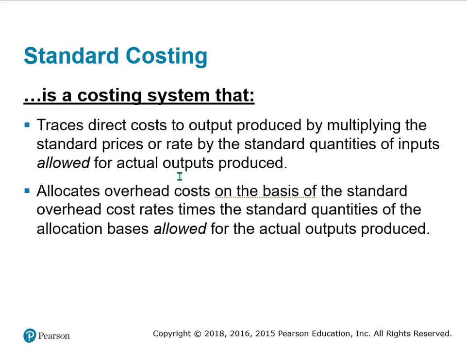It also allocates overhead costs on the basis of the standard overhead cost rates times the standard quantities of the allocation bases allowed for actual units produced. Okay, so just think about the right side of the variance analysis sheet. Okay, it's going to be standard quantities of actual outputs produced.